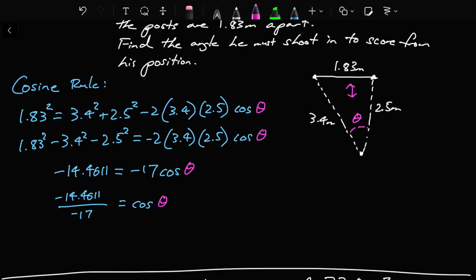Now, you could get a rounded value here, but why bother? We're about to take an inverse cosine. So let's keep it in exact value format as long as possible. Cos inverse of that, the two negatives will cancel out, is equal to theta, which means that theta is roughly, make sure that your calculator is on degree mode.